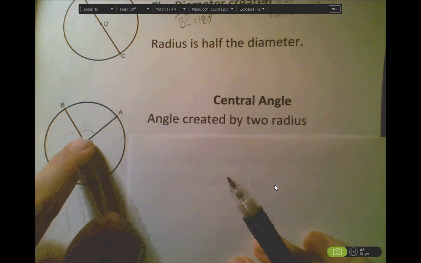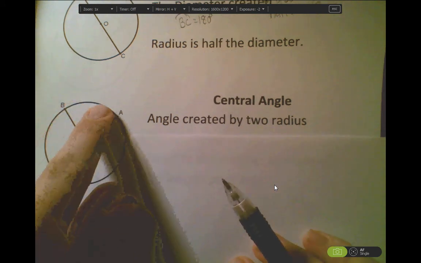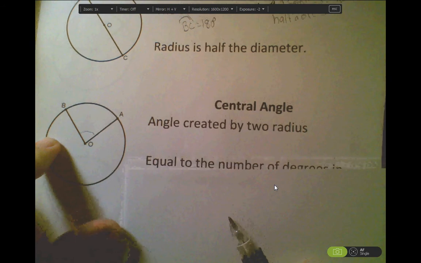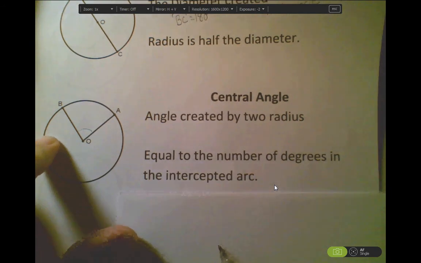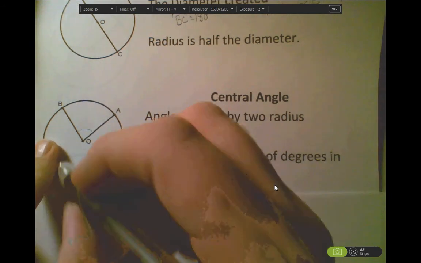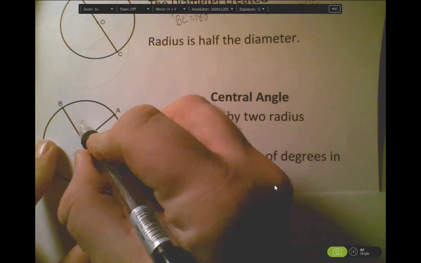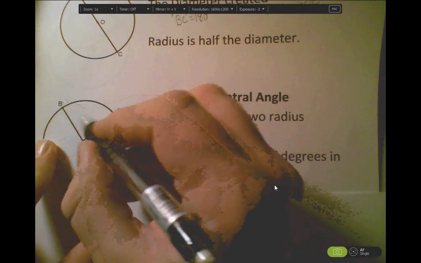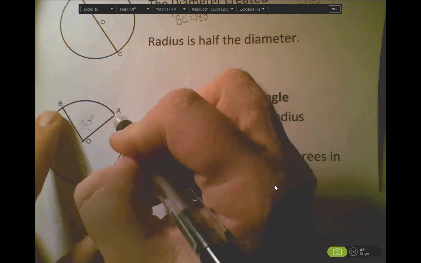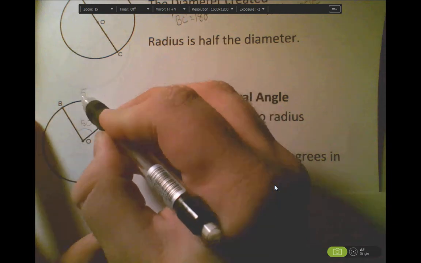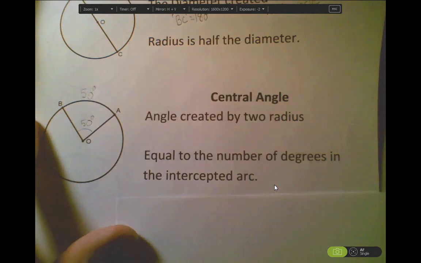There's always a relationship between the angle and the arc that it intercepts. In a central angle's case, it's equal to the number of degrees in the intercepted arc. So if angle AOB is 50 degrees, I know that arc AB is 50 degrees.